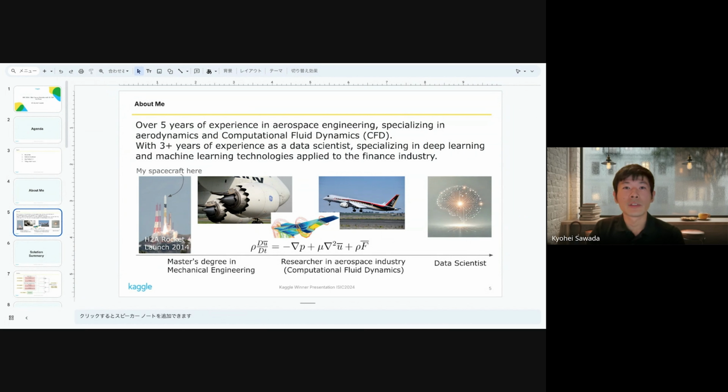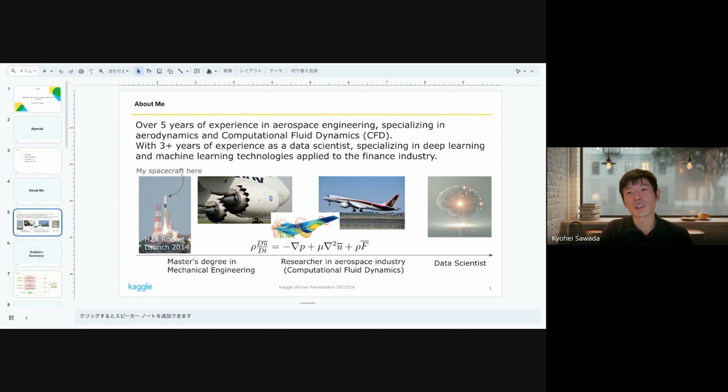I have a master's degree in mechanical engineering and worked for over 5 years as a researcher in the aerospace industry, focusing on computational fluid dynamics. Those are the projects I have engaged in so far. And this airplane project is the big one, but unfortunately, this was closed.